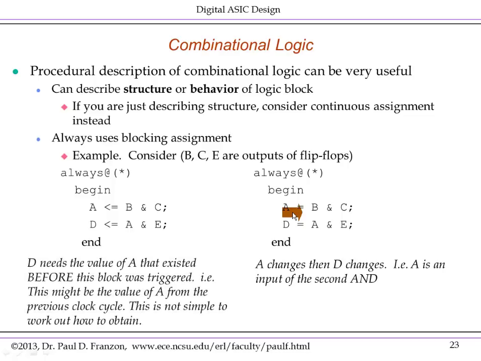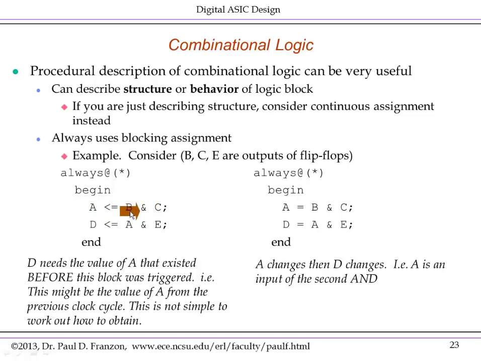In contrast, what's happening on the left-hand side is a little messy. D here is using the value of A that existed before the always at block was triggered. Well, where is that value in the design? It's not at the output of the AND gate, because we want that.